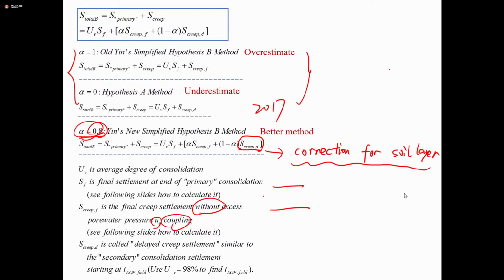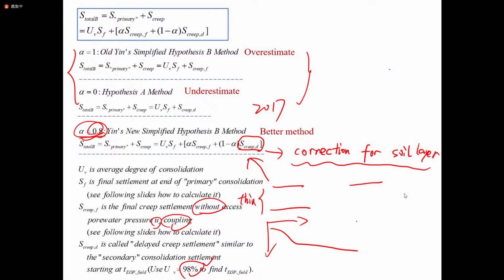Because if the soil thickness is very small, it will be very quick to achieve 98% overall consolidation degree, so that we will have a large secondary creep with time passing by. Because 98% can be very quickly achieved for a very thin soil layer. That's why we should include this item here.